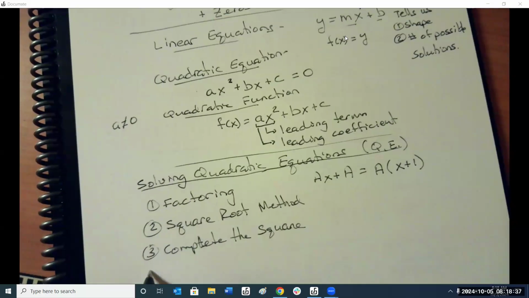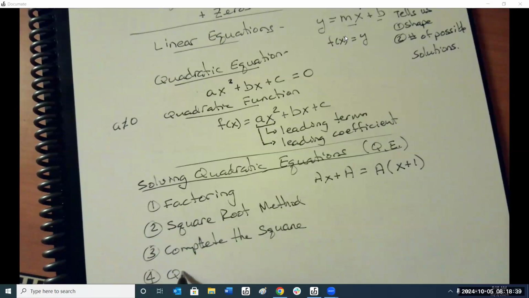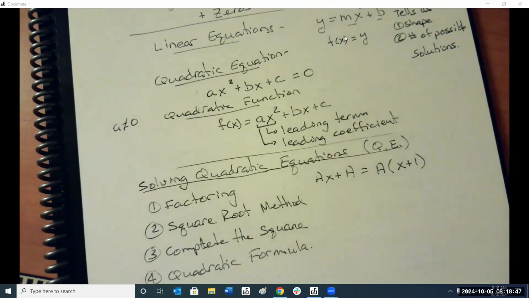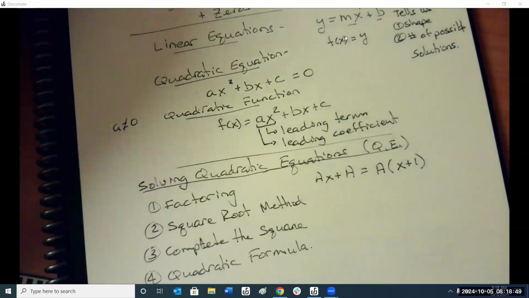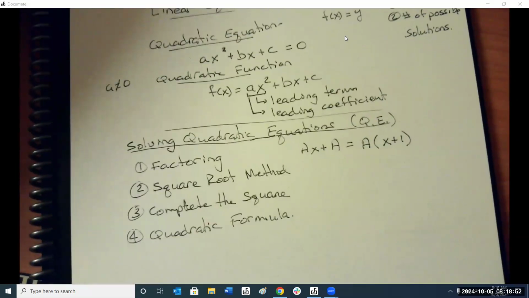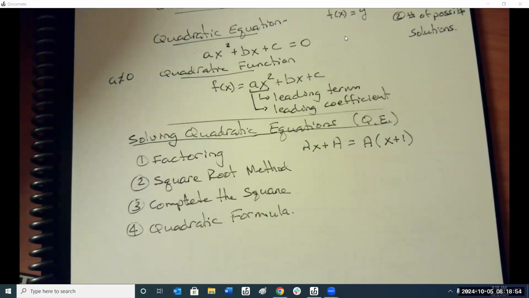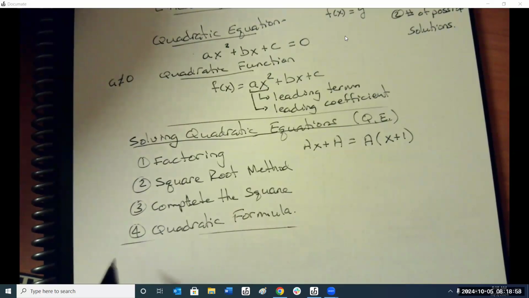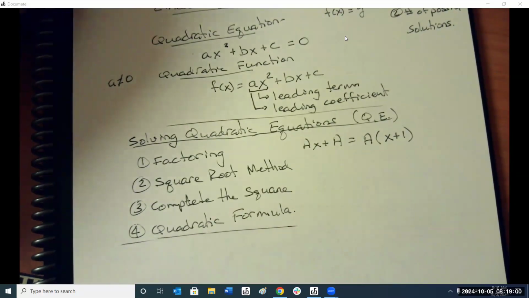And the last method is called the quadratic formula. So those are our 4 methods of solving, and we're going to go through each one of them separately. But first, we have to look at a couple of principles.